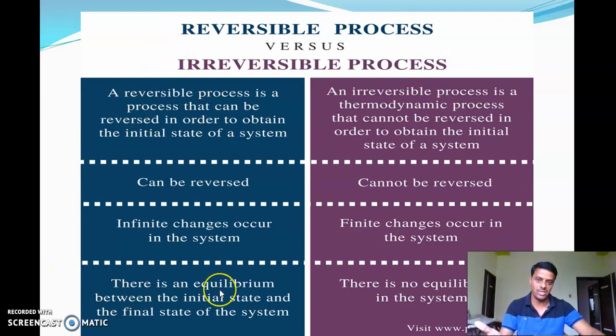I think I have already discussed what the equilibrium state is in the very first class, though I will repeat it again. The equilibrium state means the state at which the concentration of reactant and concentration of product become equal, or the rate of forward reaction and rate of backward reaction become equal. That state is called the equilibrium position.